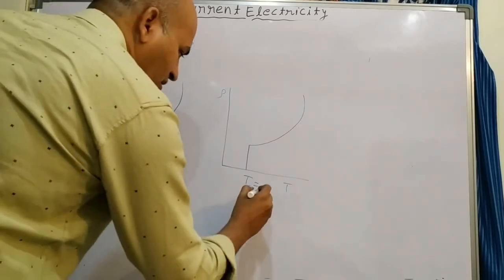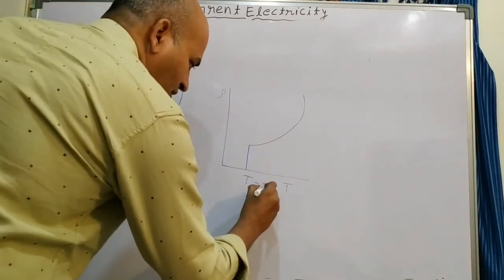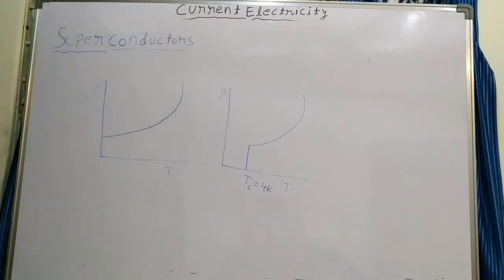Suppose for mercury it is 4 Kelvin, a very low temperature. So you do 4 minus 273, nearly minus 270 degrees centigrade. At room temperature they do not show this property, but at very low temperature the conductors behave like superconductors.